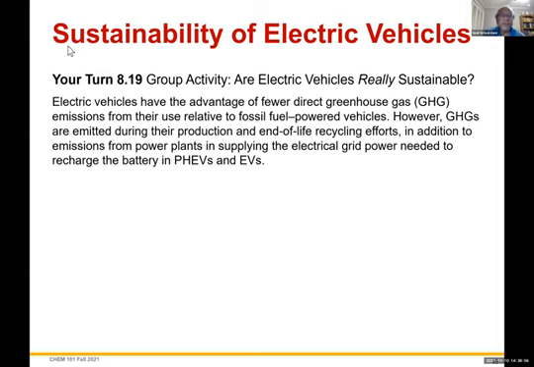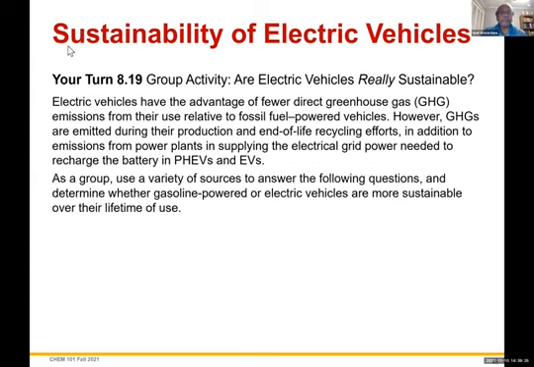In addition, there are emissions from power plants supplying the electric grid power needed to recharge batteries in plug-in hybrid electric vehicles and electric vehicles. So we need to consider the long-term sustainability of these battery-powered vehicles.